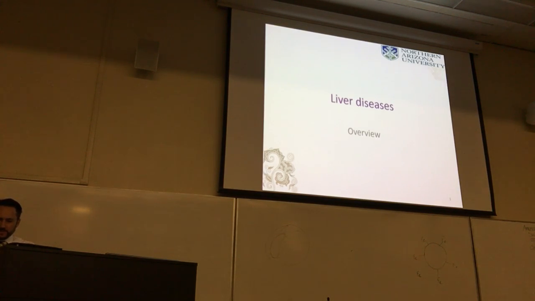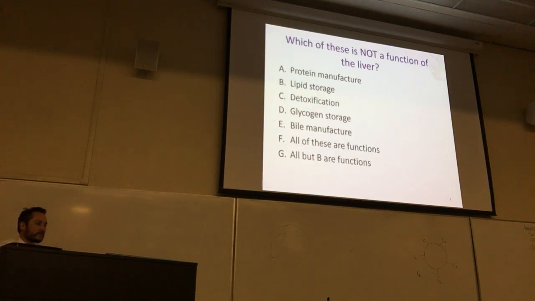So, in the remaining time, I want to go over some liver diseases. We need to do an overview of the liver, just like what we do with every system. But I'm going to do the overview in maybe just a couple of slides, and the first one is going to be in the form of a review question. Which of these is not a function of the liver?